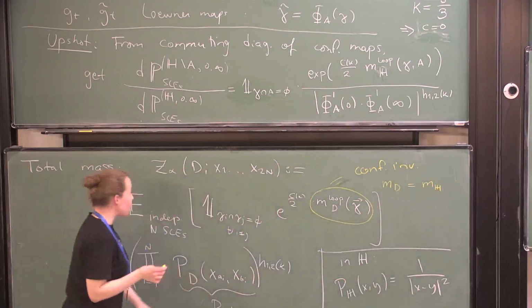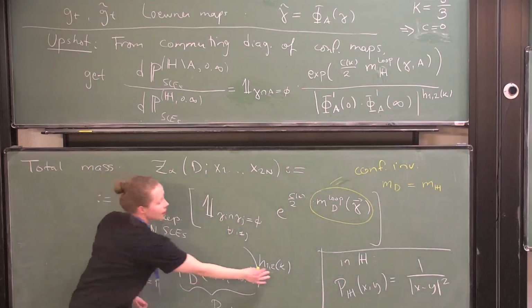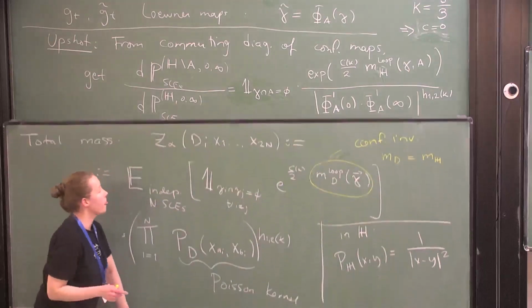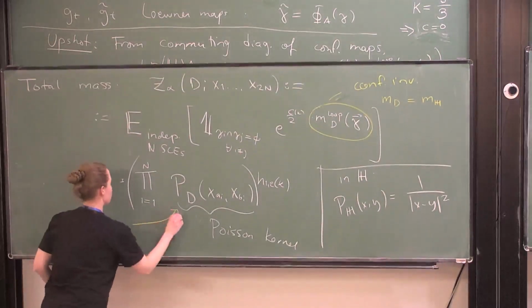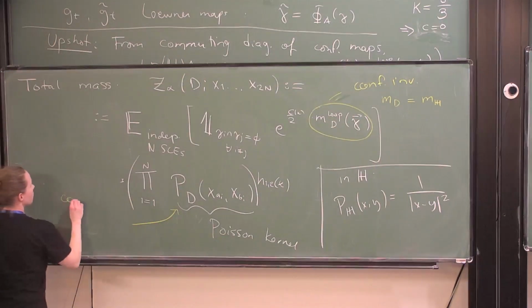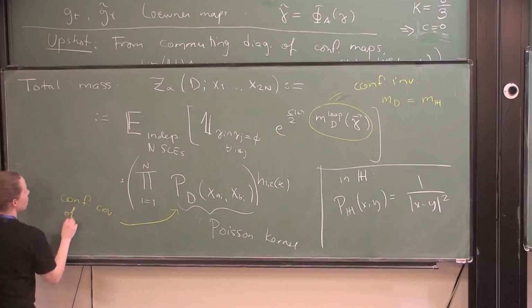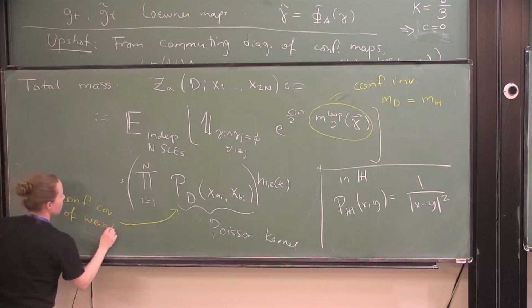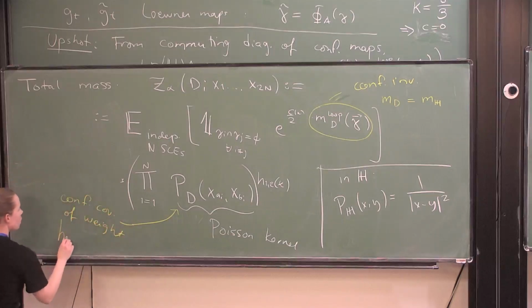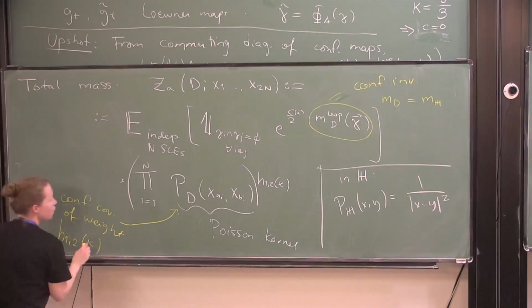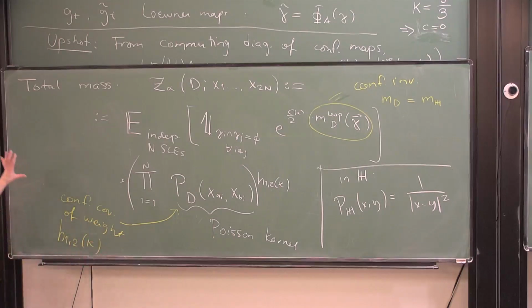But these ones are conformally covariant. And the covariance is this kind of power, maybe like of weight, this one. There's a lot of information here, but I'm trying to highlight the important bits.